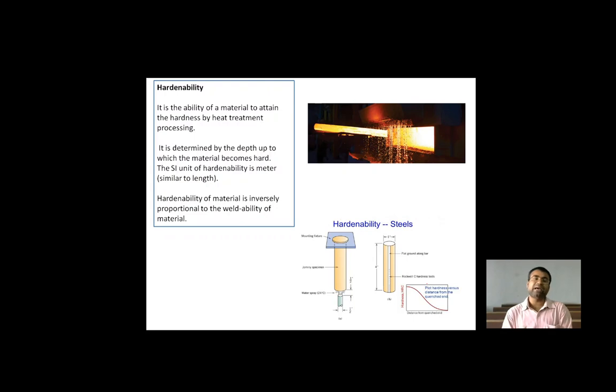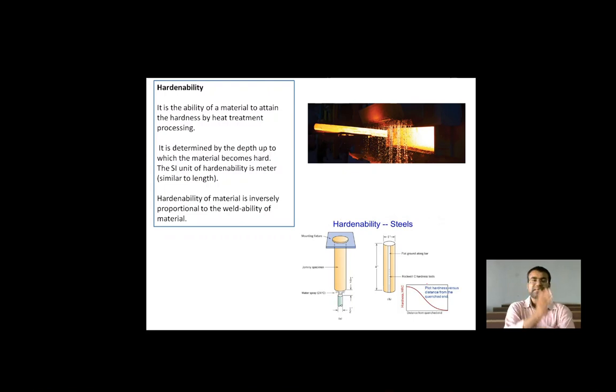So it is the ability of a material to attain the hardness by heat treatment processing. So what is the heat treatment process? It is a process to recrystallize a metal for better improvement, or you can say the enhancement of that particular material's property.